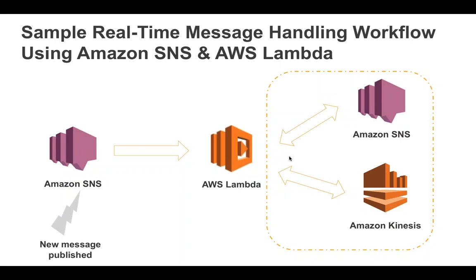And maybe we want to have another notification occur, or maybe we want to cause some sort of event or action to occur on Amazon Kinesis, our streaming service. Maybe we want the stream to stop. Maybe a notification comes in and says there's a particular event or external factor that means we want to stop the streaming of data inbound. So Lambda functions can run based on a notification service.